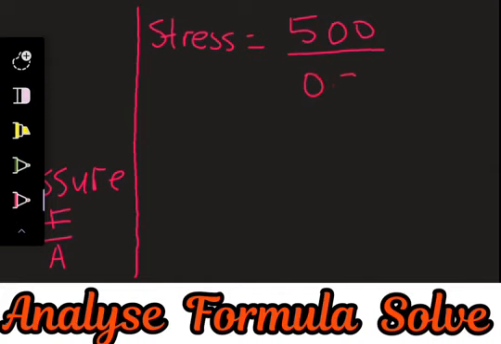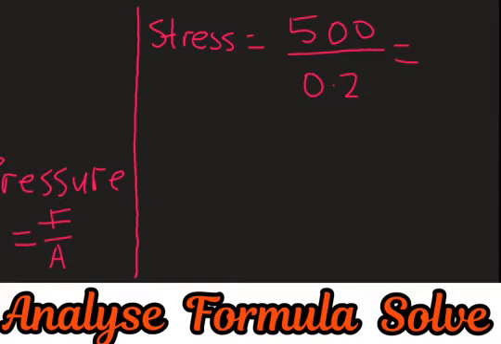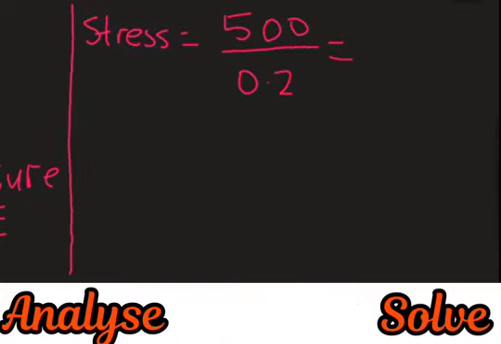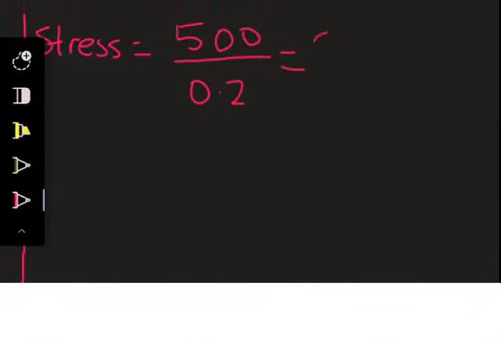Just punch your calculator to get that. 500 divided by 0.2 gives 2500 Newton per meter square. 2500 newtons per meter square.